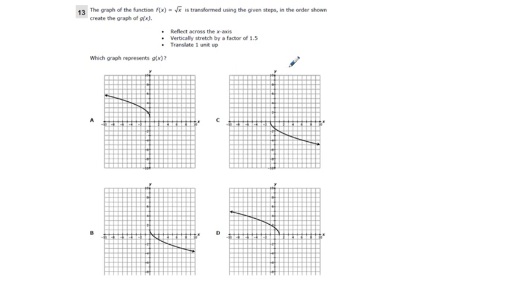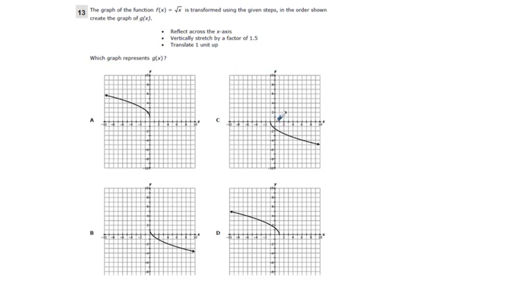Next, the graph of the function f of x equals square root of x is transformed following the given steps. Okay, so first thing we say is reflect across the x-axis.